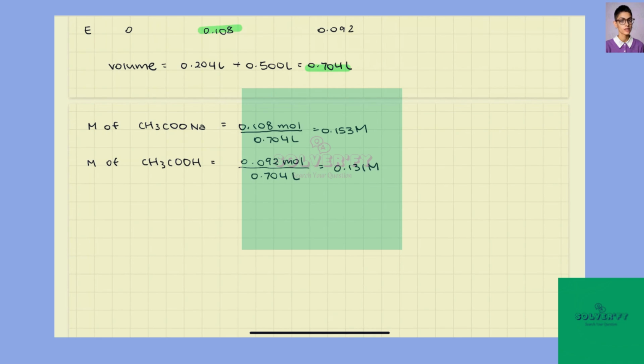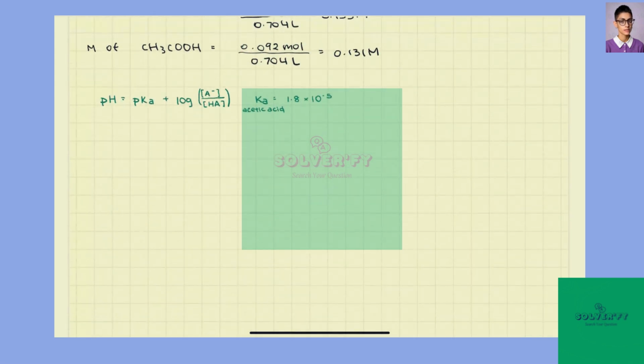Next, we will need to use the Henderson-Hasselbalch equation, which states that the pH equals the pKa plus the log of the acid over the conjugate base. And to solve this, we need to know the Ka value of acetic acid, which is 1.8 times 10 to the negative 5. We know that the pKa is the negative log of our Ka.